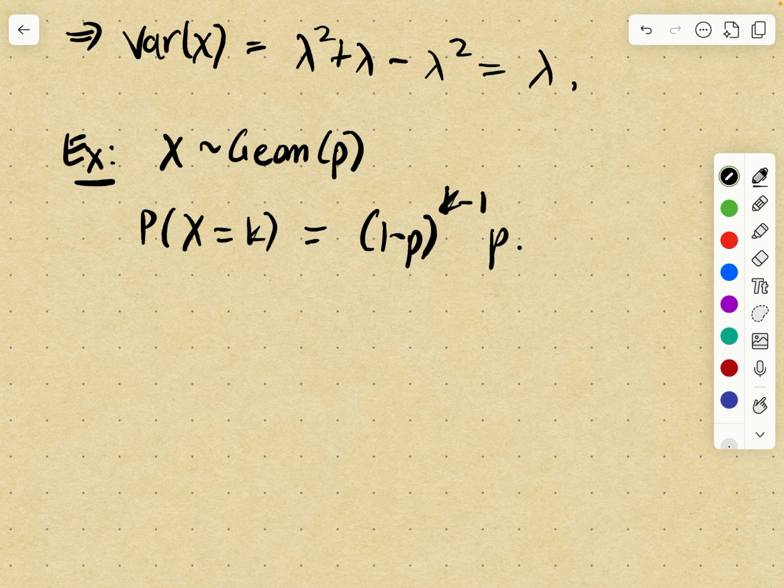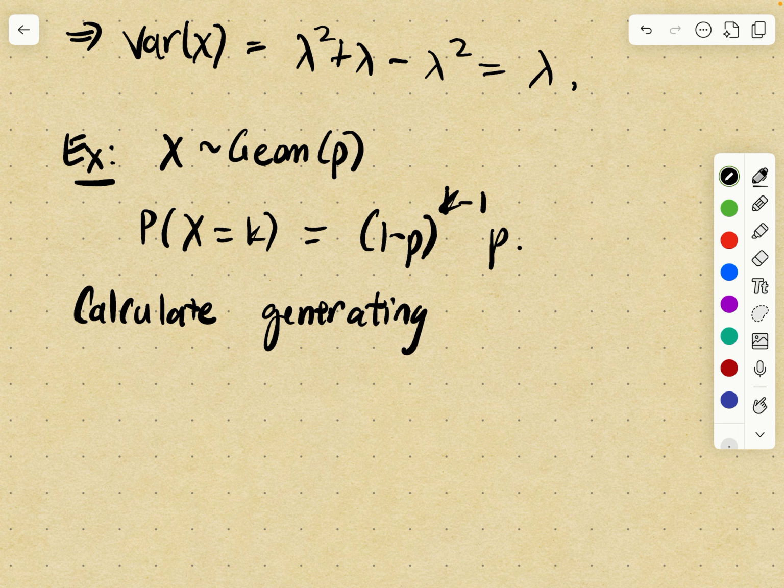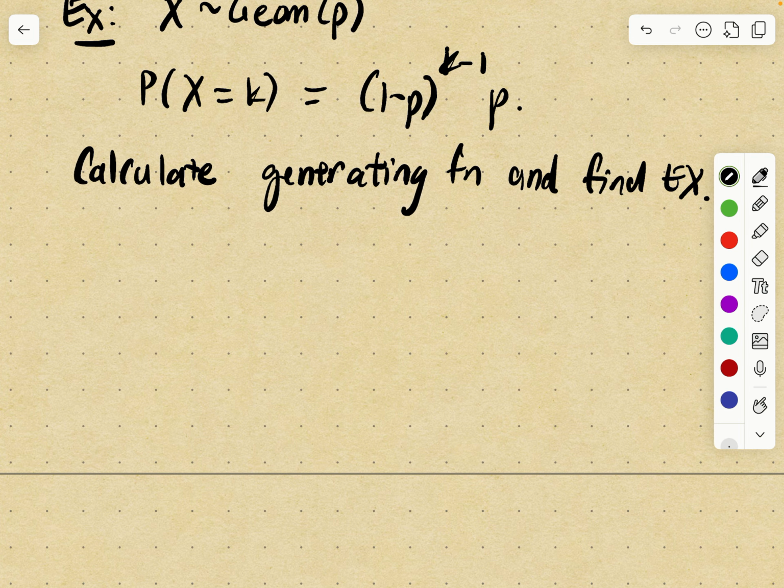All right, well, let's calculate the generating function and find the expectation of x. All right, so you're going to get gamma of z is the expectation of z to the x. So I'm just writing out the general formula.